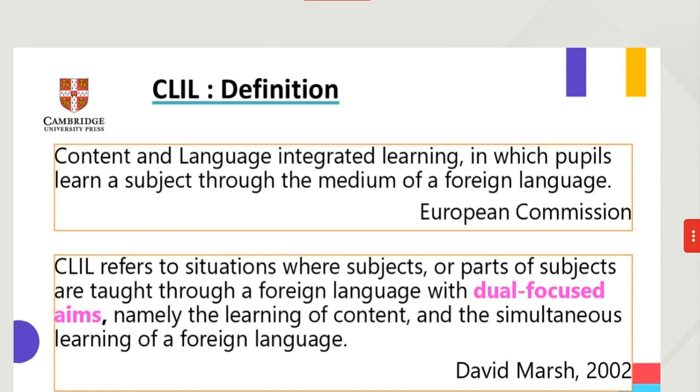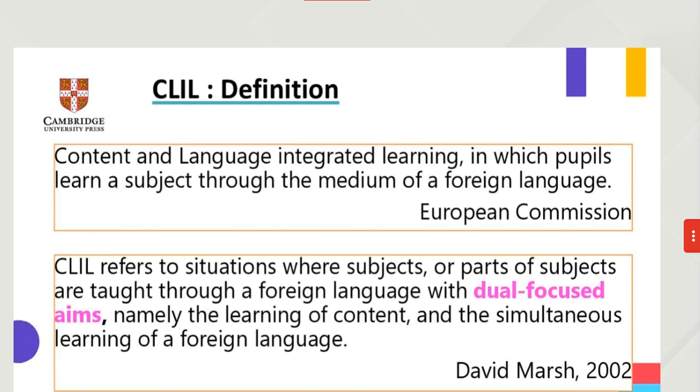However, I sometimes find that the problem with definitions, especially when it comes to educational approaches, is that they tend to be rather abstract and not practical. It can sometimes be hard for us to imagine what this actually looks like in practice in our classrooms. This is what we're going to have a look at in a little bit more detail later on in the webinar.